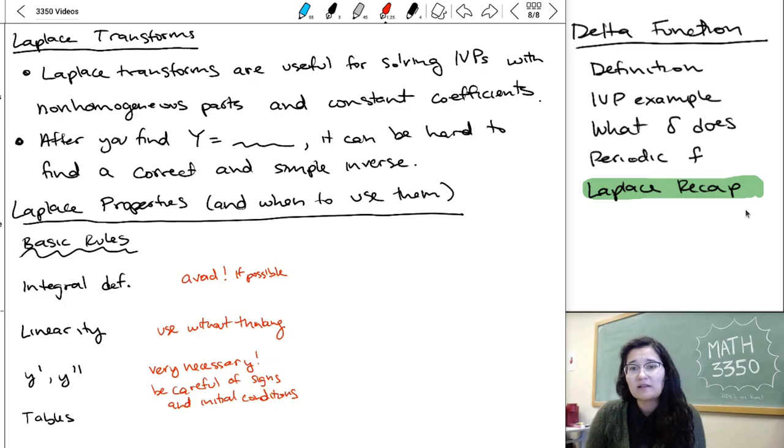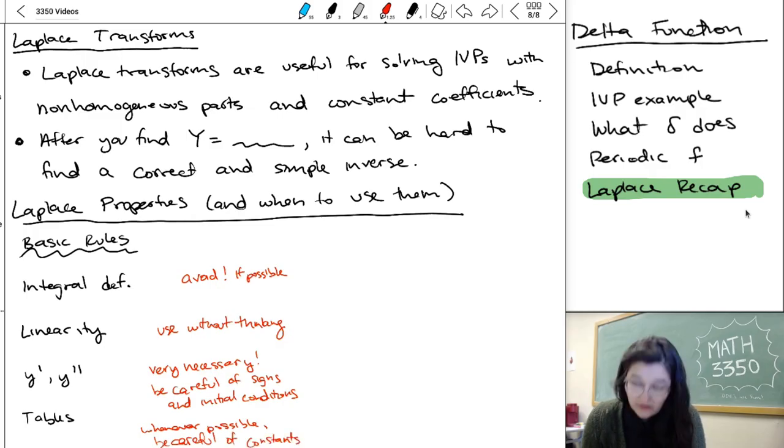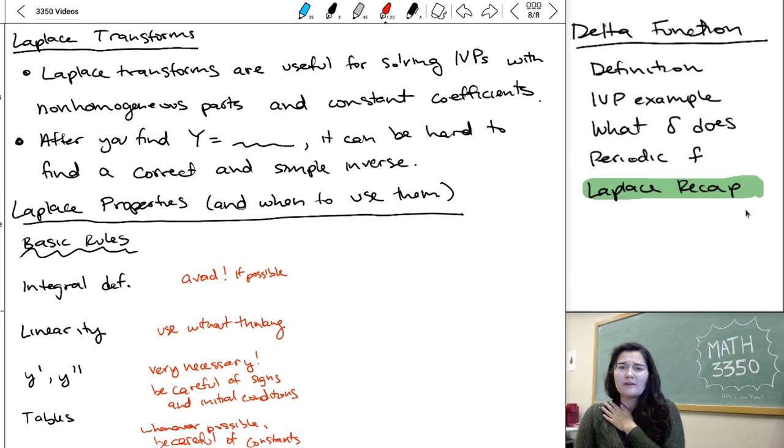And similarly, these tables of functions, we also just want to use all the time whenever possible. And really the only warning is that we have to be careful of constants. You know, you have that there needs to be like a 4 in the numerator, so you do that fancy dividing by 4 and then multiplying by 4. Stuff like that.